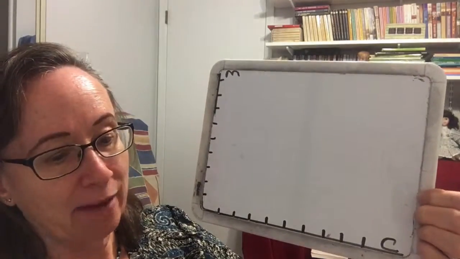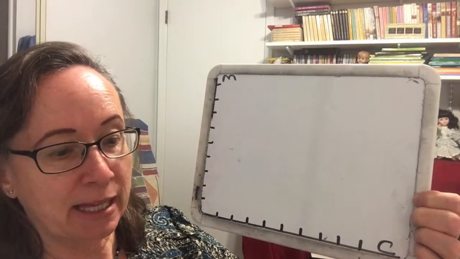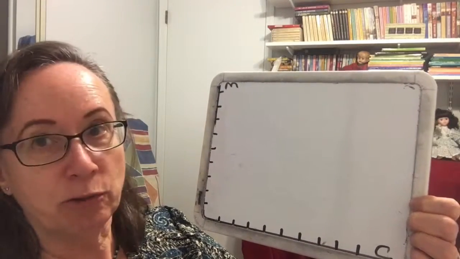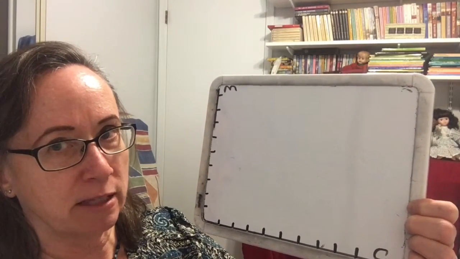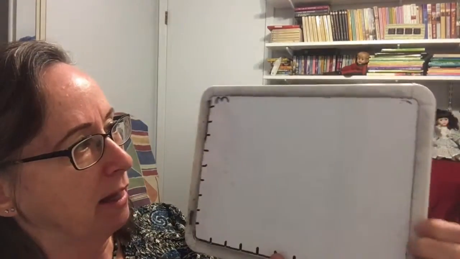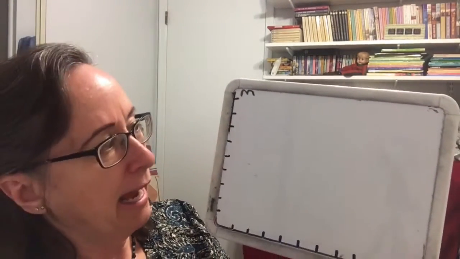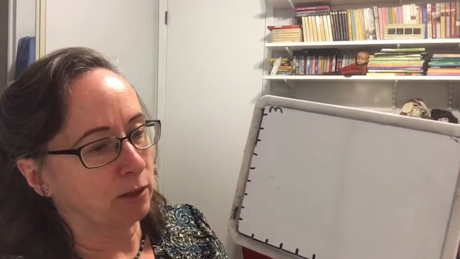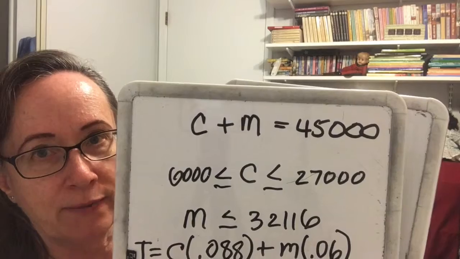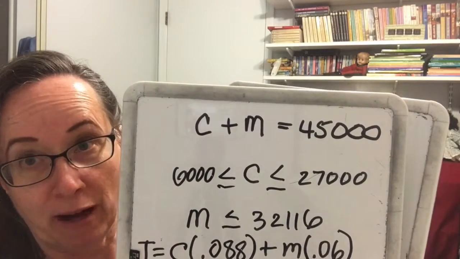So if I have the C and the M for corporate and municipal, and they equal 45,000, we're saying that's 45 for now. Everything is in thousands. And so in this equation right here, if I let C equal 0, then M would be 45.